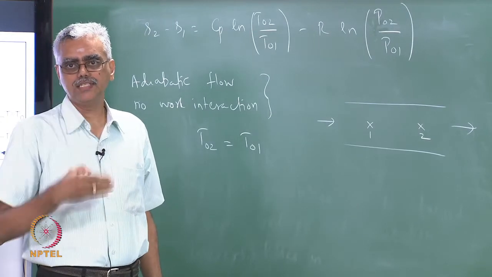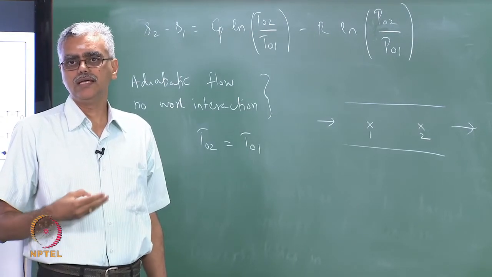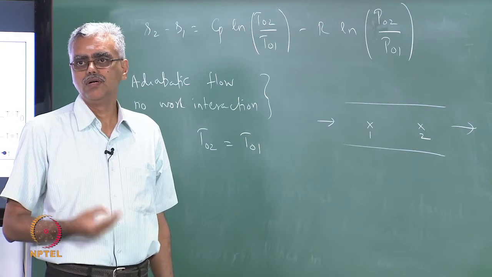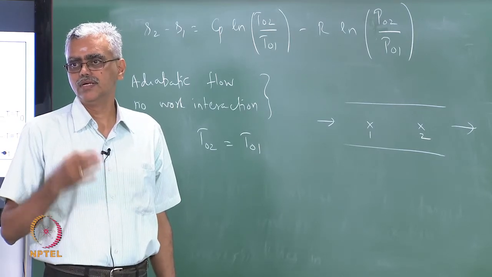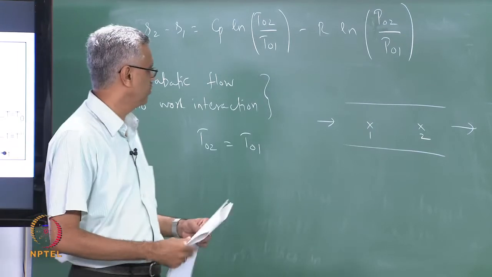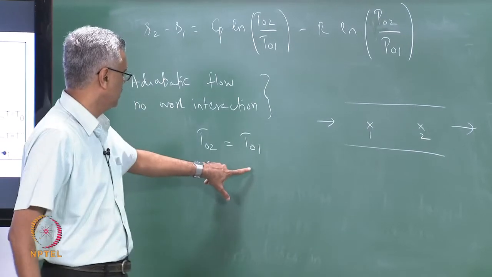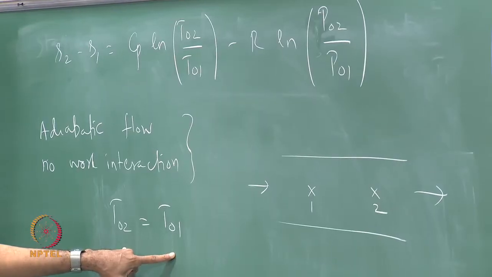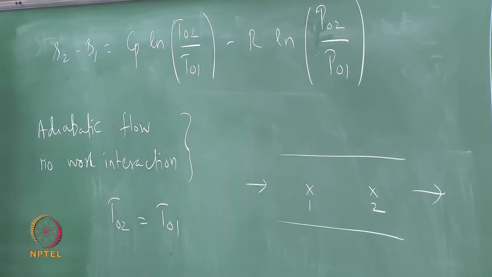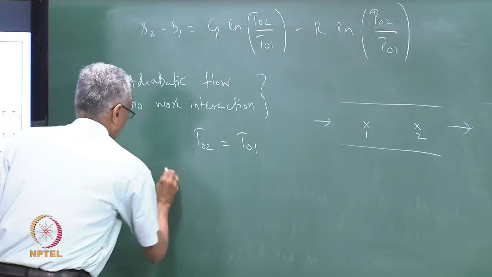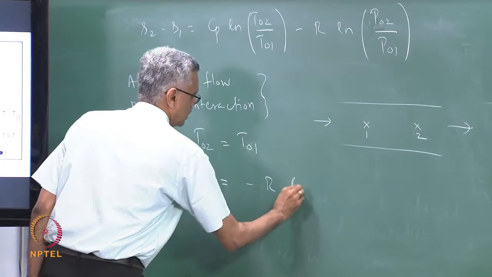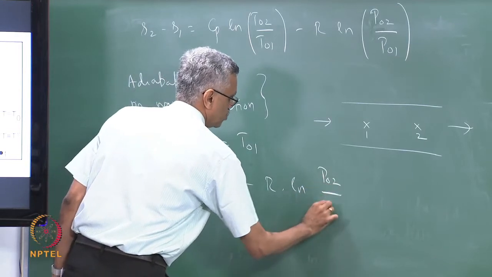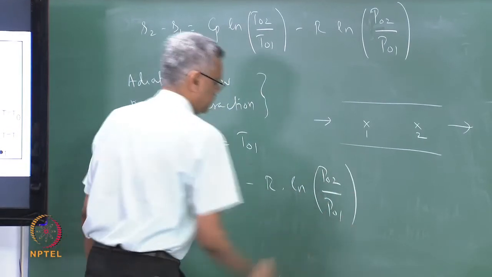Right? Remember, stagnation temperature can be changed either by the addition of heat or by the addition of work or removal of work or extraction of work. That is the only way we can change the stagnation temperature. If both of these things are absent, then T02 is equal to T01. And from this equation we see that S2 minus S1 in this case is equal to minus R natural log P02 over P01.